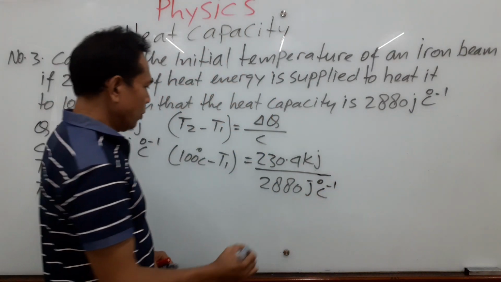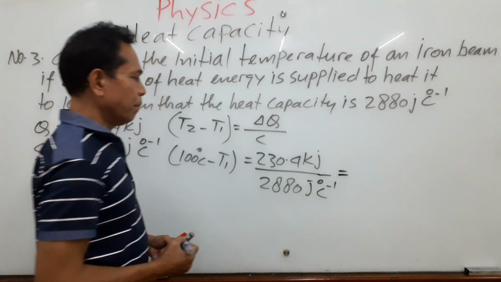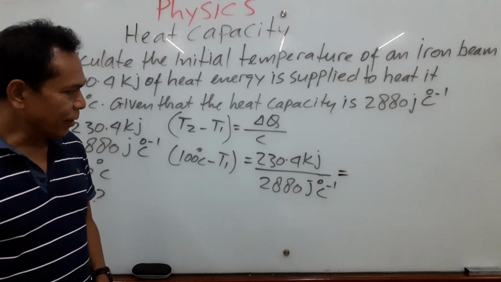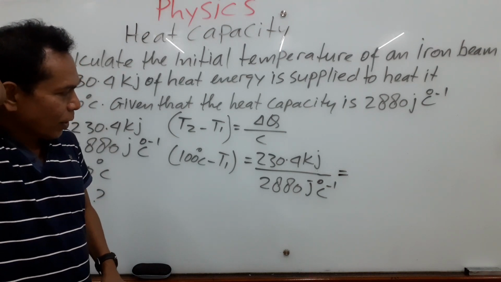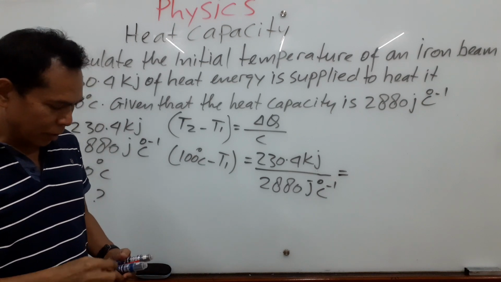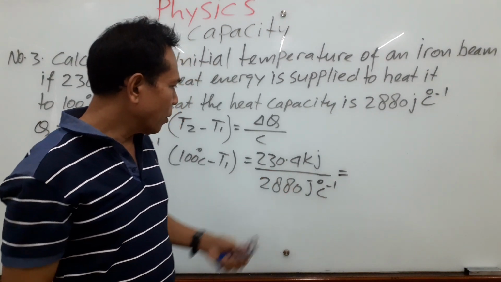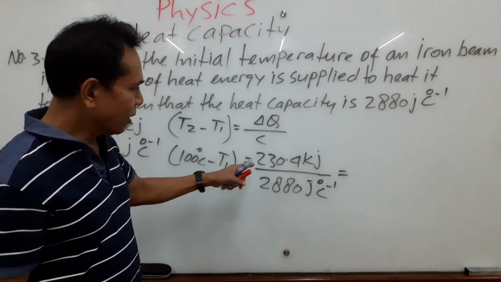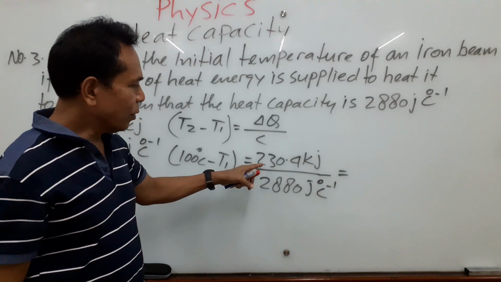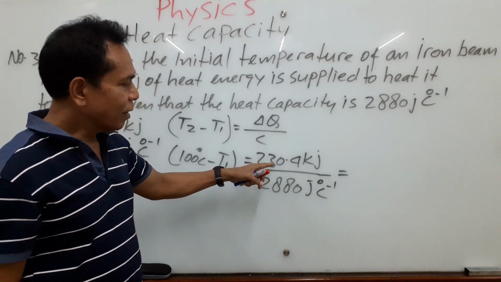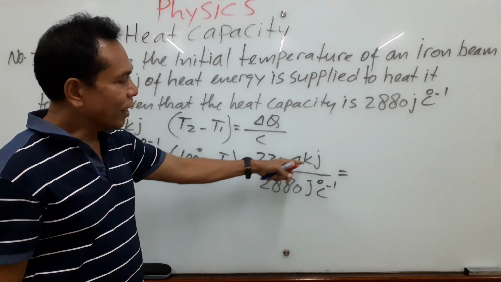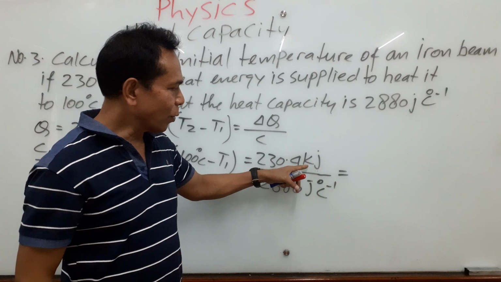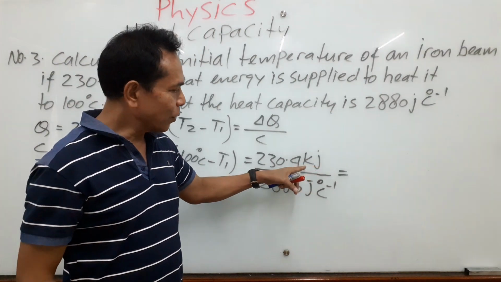We continue here. Before we divide these numbers, we look at the units we have. We need to convert this first. We need to convert 230.4 kJ to J, so we multiply it by 1000.